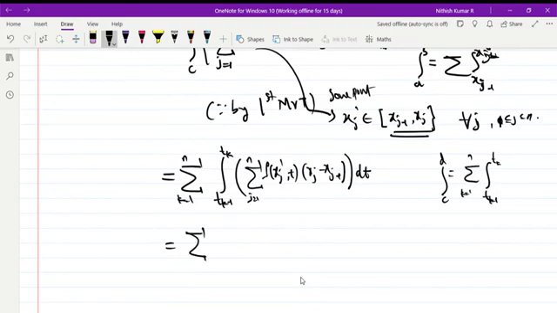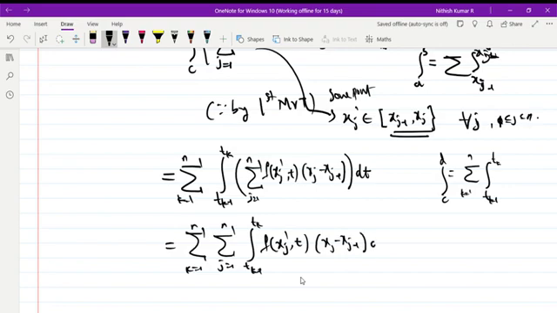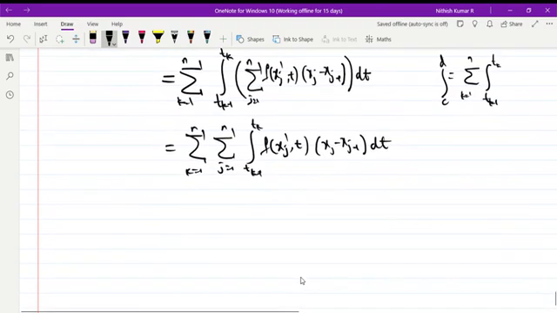Now taking this summation outside, we get a double summation, k equal to 1 to n and j equal to 1 to n, of the integration from t(k-1) to tk of f of xj dash comma t into xj minus x(j-1) into dt.